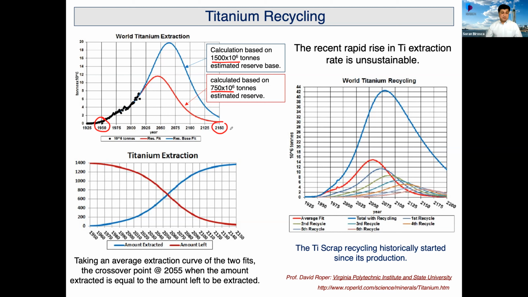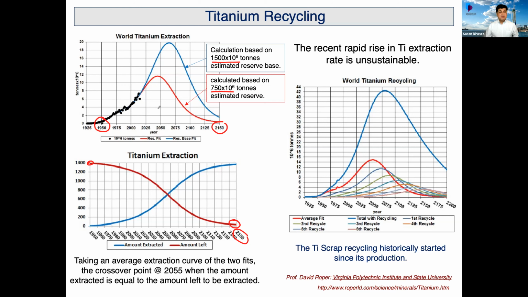If you look at this graph, you will see the amount left from 1950, when the commercialization and utilization of titanium started, is going down, and there will be no titanium left by the year 2150, while the amount extracted goes up fully.